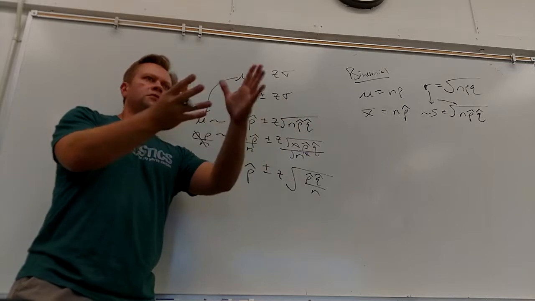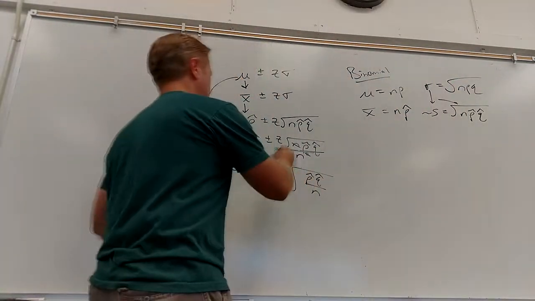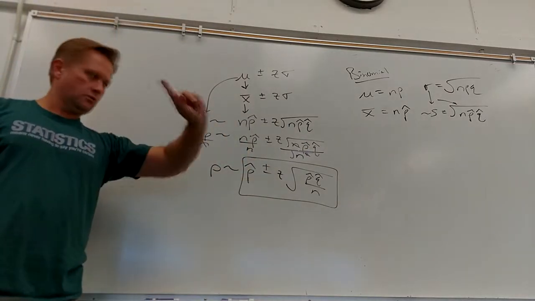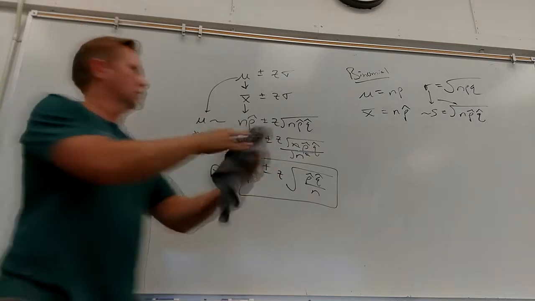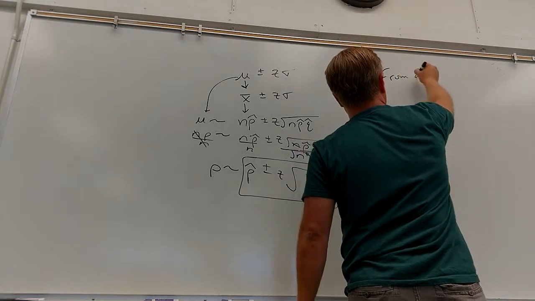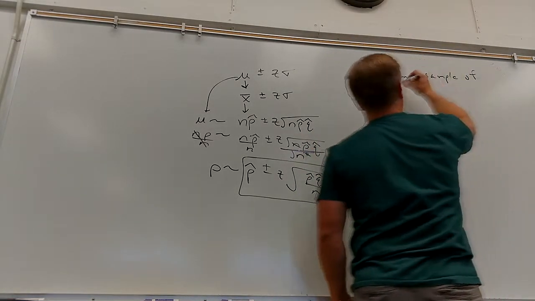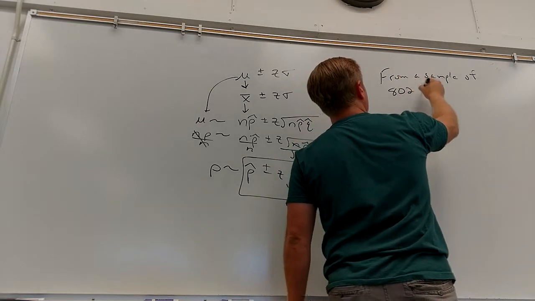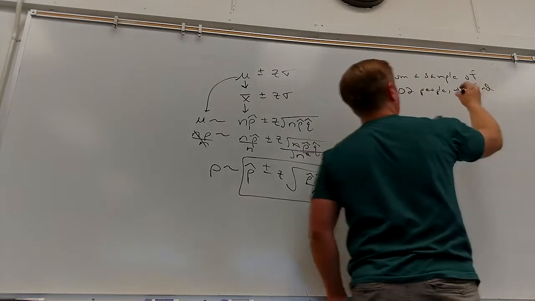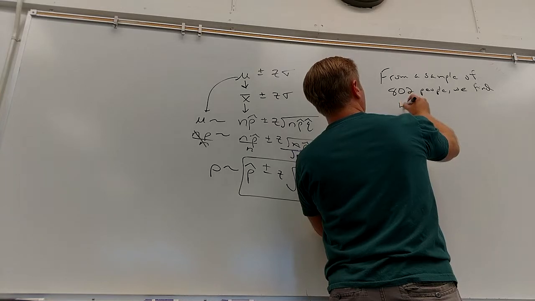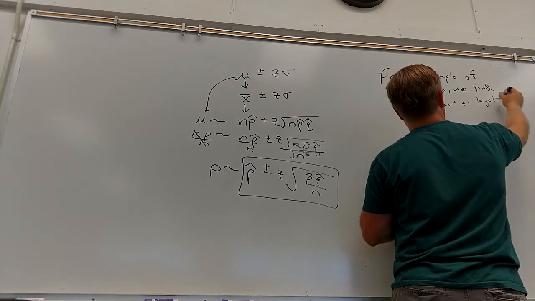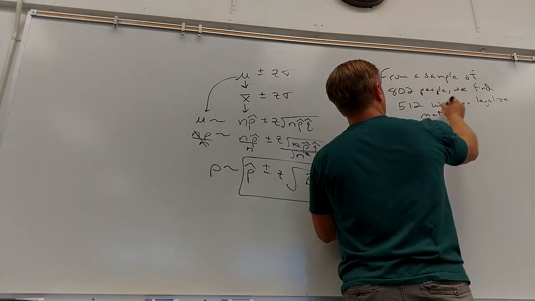So for example, let's do one example. So this is now a formula. If I say find the confidence interval for the true percentage, you're going to use this. So let's say from a sample of 802 people, we find 512 want to legalize marijuana.